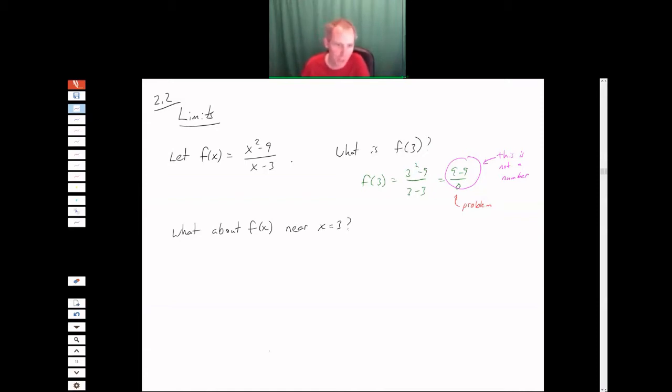Well, I could plug in values that are really close, right? So again, let's make a little table, x and f of x. And just like we did before, I'm going to pick some x values that are a little bit bigger. I could plug in, say, 5. f of 5 is 5 squared minus 9 over 5 minus 3.